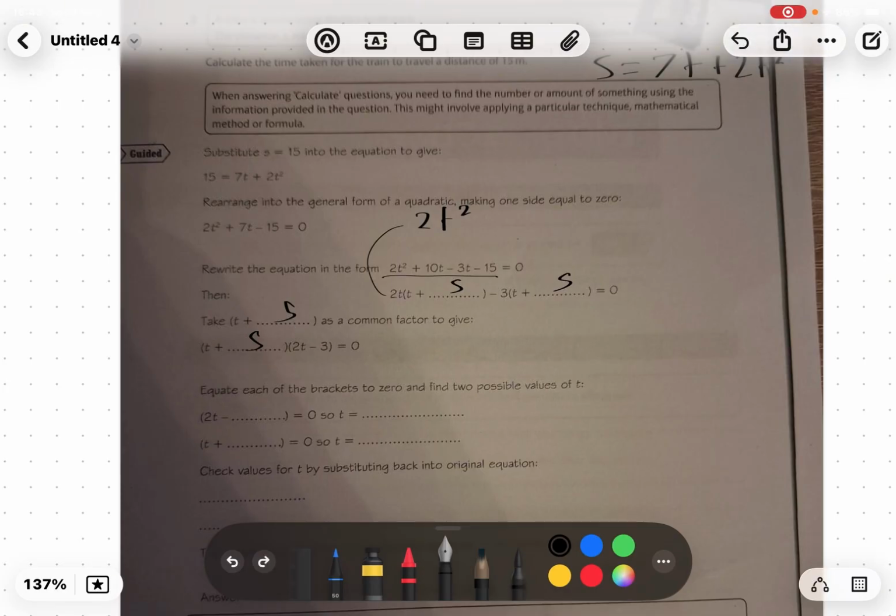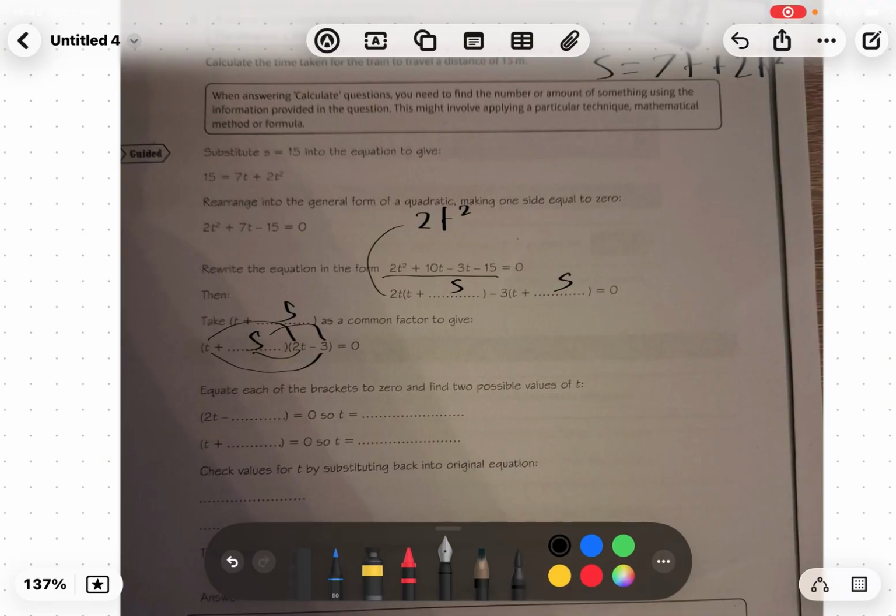I'll just do it to prove my point. So this times this, and after that it times this. So 2t squared, then negative 3t. Oh wait, no, I'm doing it wrong. This times this, then this times this, then this times this, and then this times this.